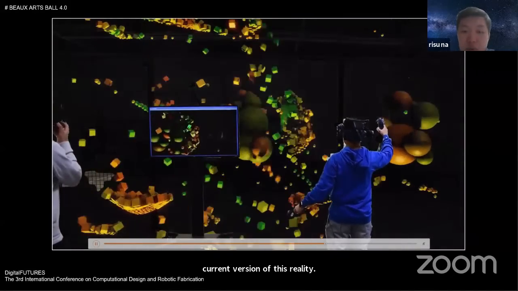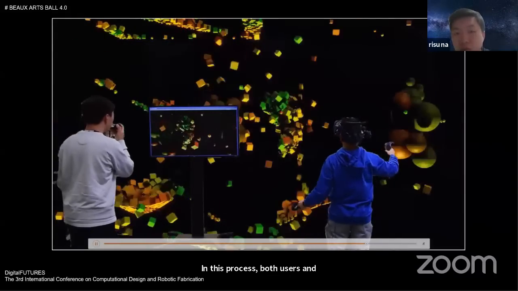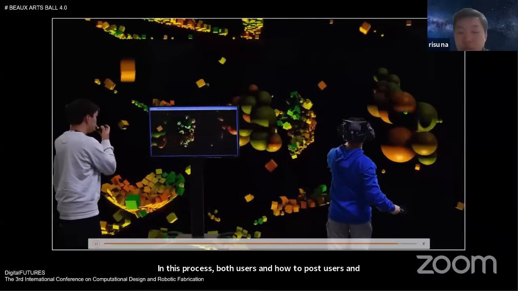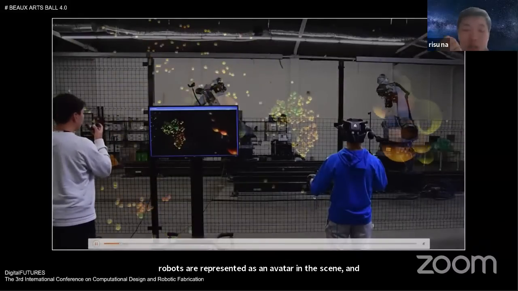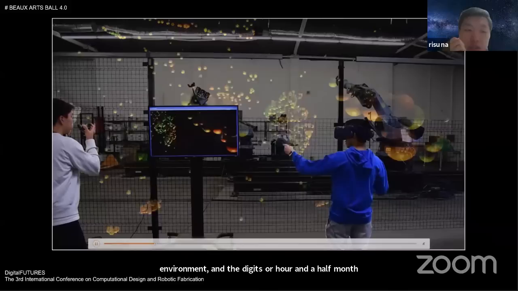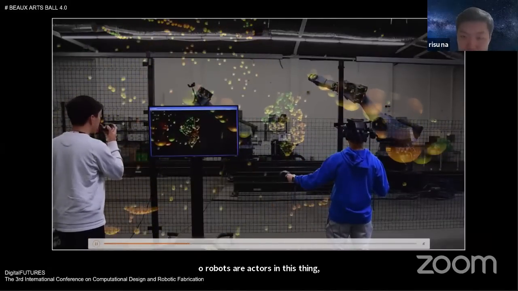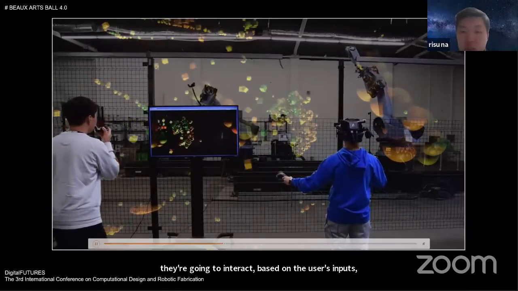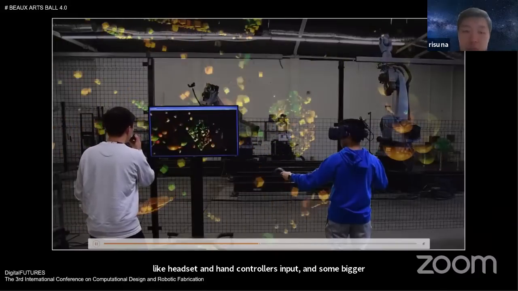In this process, both users and robots are represented as avatars in the scene, and they interact together to build the aggregated environment. The digital avatars and augmented robots are actors in the scene, and they interact based on the user's inputs, like headset and hand controller input, and some behavioral patterns based on machine learning.